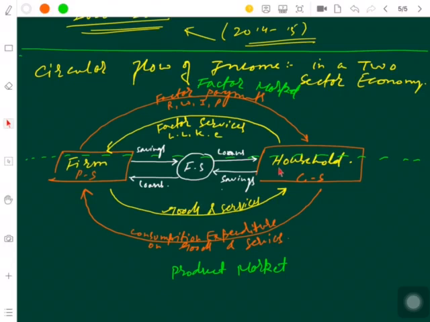When the household sector saves something in the financial sector, it gets enabled to provide loans to the firm sector, and the firm sector gets enabled to make certain investment in the market. So dear students, this was a two sector model wherein we understood how we can do things with a financial sector as well.